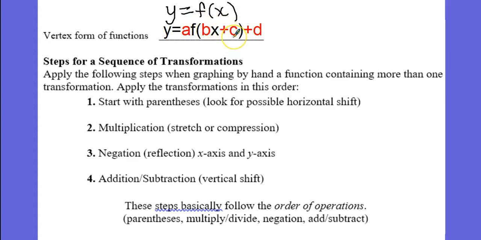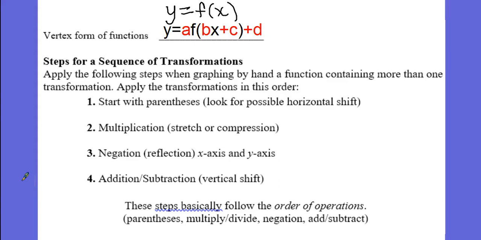And then I did everything else in red. And we call this the vertex form of a function. If your function's written in that format, then you can perform transformations. You don't need to get out your table of values. You can just graph the parent function and slide it around and squeeze it and flip it and whatever you got to do. Okay?